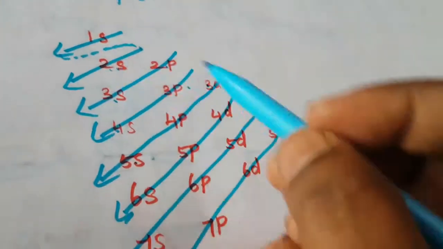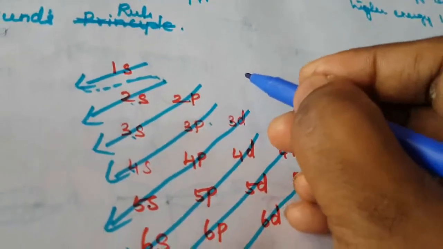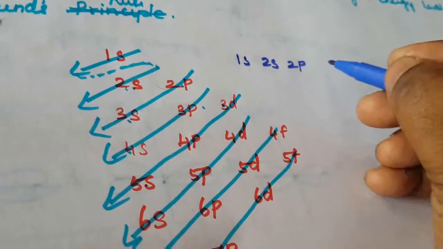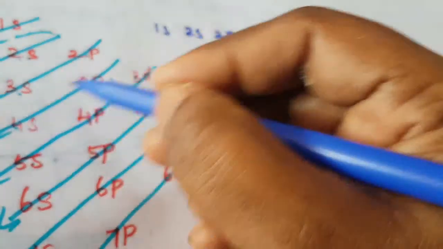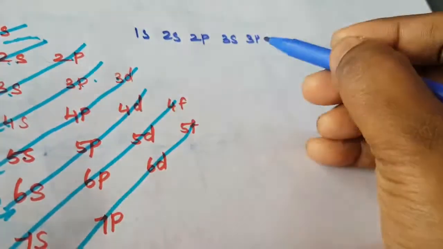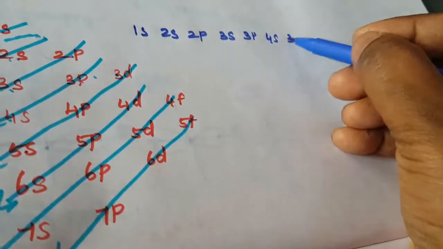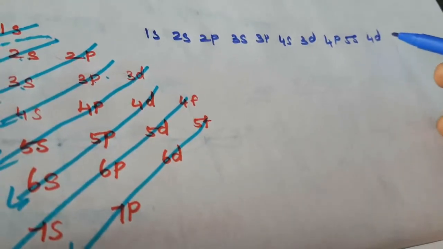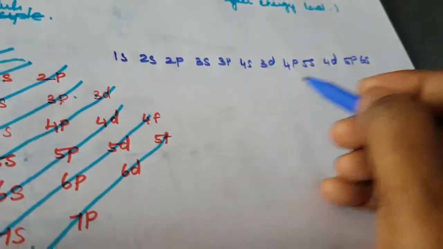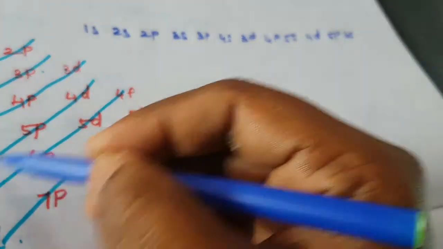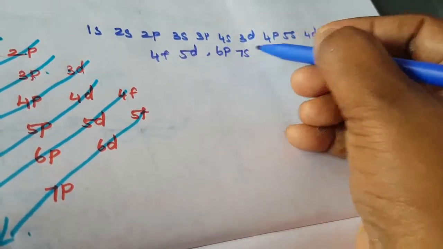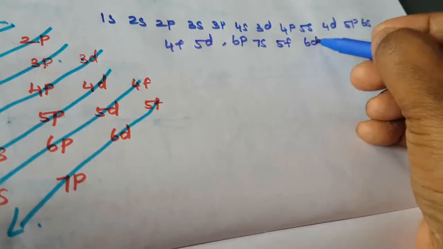So using this you can write it: first 1s, then 2s, then 2p, then 3s, then 3p, then 4s, then 3d, then 4p, 5s, 4d, 5p, 6s, then 4f, 5d, 6p, 7s, 5f, 6d, 7p.